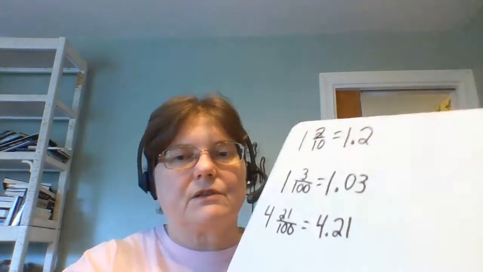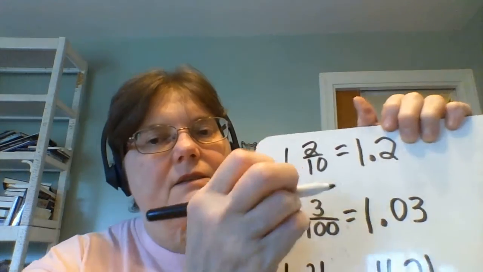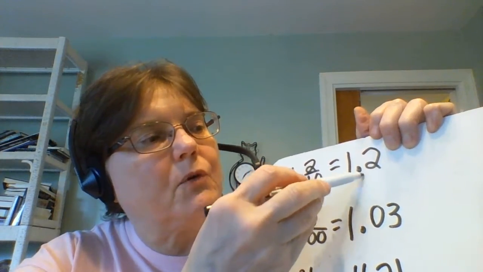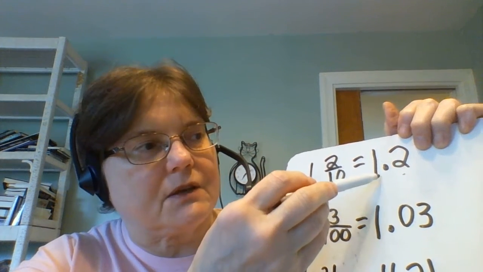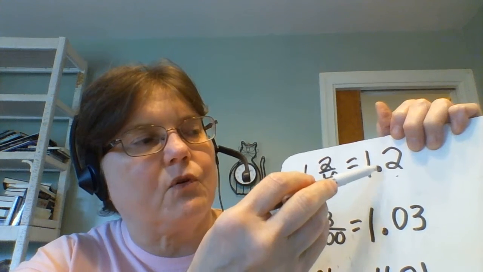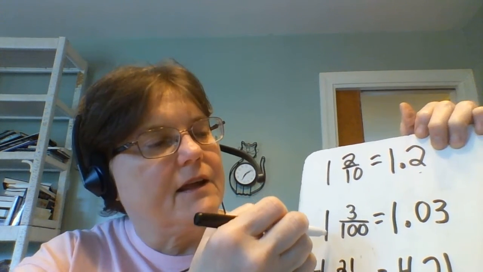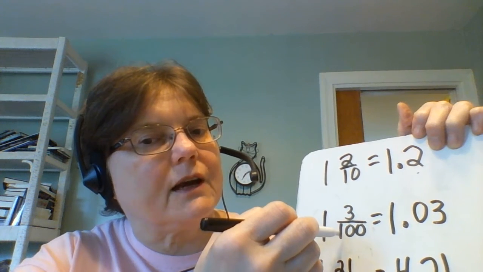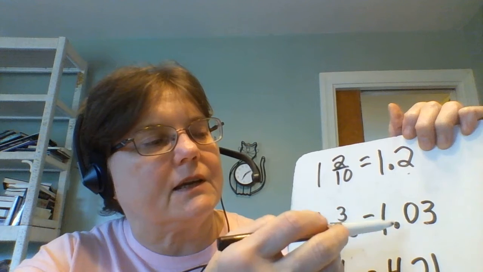Also, I want to talk a little bit about mixed numbers. 1 and 2/10 is going to be 1.2. The 1 is in the ones place, so it's on that side of the decimal. And then we have 2/10, 0.2. 1 and 3/100 is 1.03.